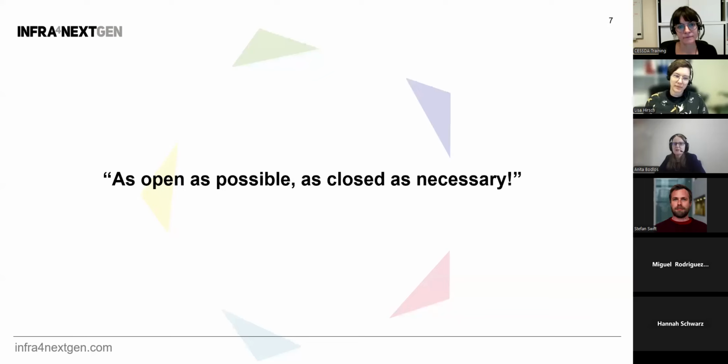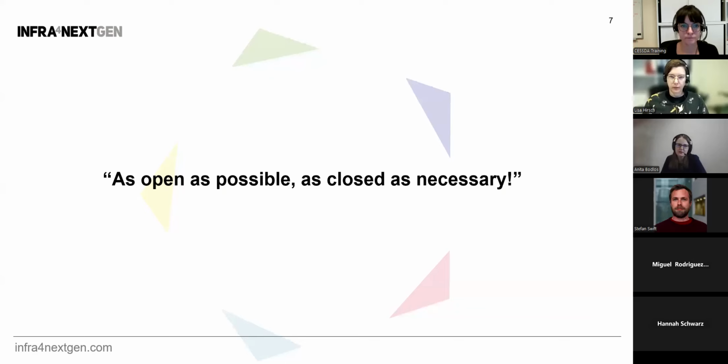This is a slogan that you will encounter many times during research data management trainings. And the slogan is: as open as possible, as closed as necessary. So this is the mantra of how you should share your data. Sharing it as open as possible, but on the other hand, there are some well-established reasons why research data should not be completely open, but as closed as necessary.